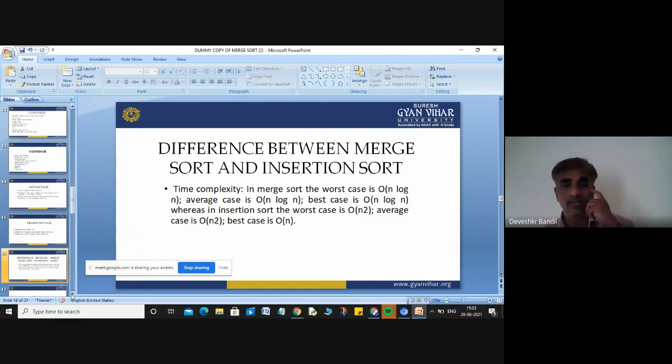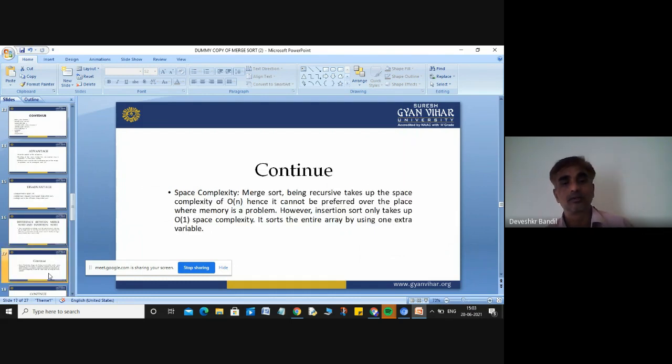This is the difference between merge sort and insertion sort. In the time complexity domain, and in space complexity, merge sort being recursive takes up space complexity of n, hence it cannot be preferred where memory is a problem.